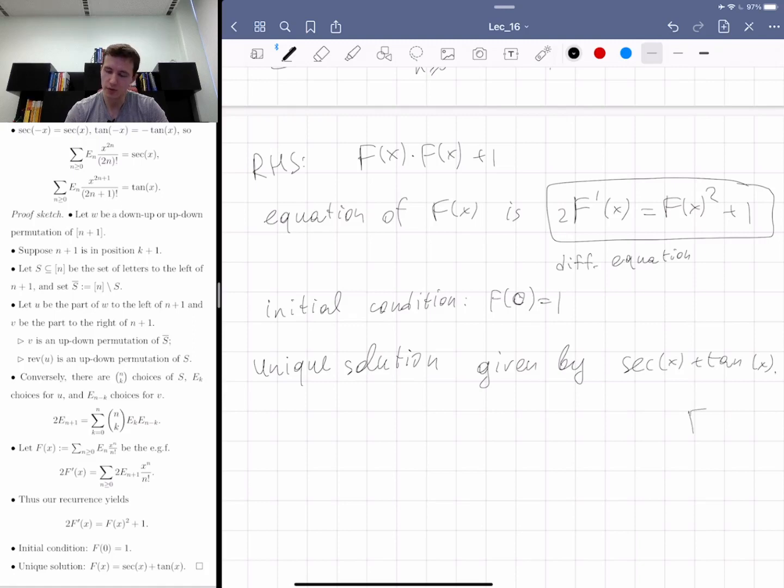The reason this is a proof sketch is that I have not justified solving ordinary differential equations in terms of formal power series. But it's not hard to make this completely rigorous. When you solve a differential equation like this, it gives you a sequence of equations on the coefficients, and it's easy to check that it can be solved exactly. So that's all I want to say.